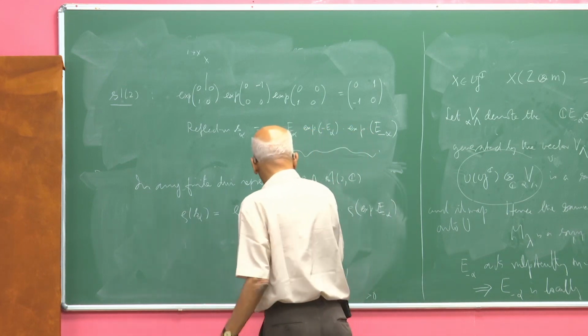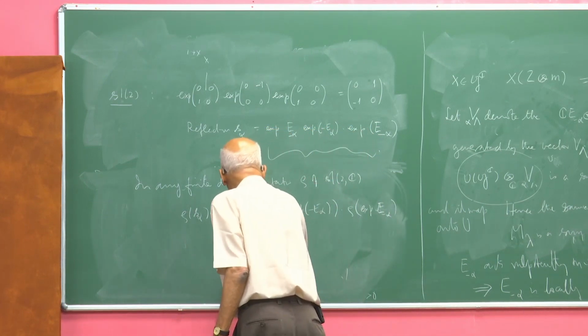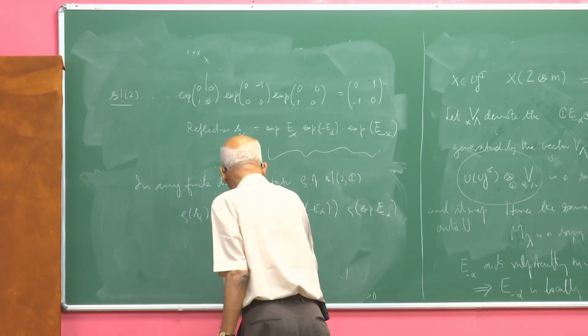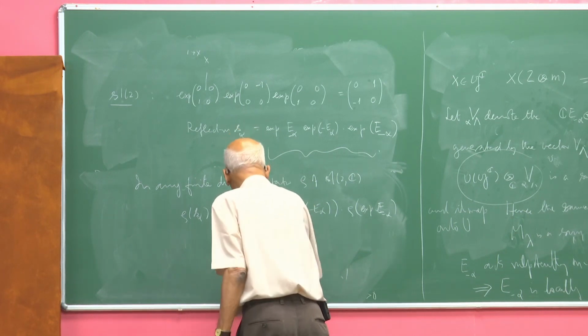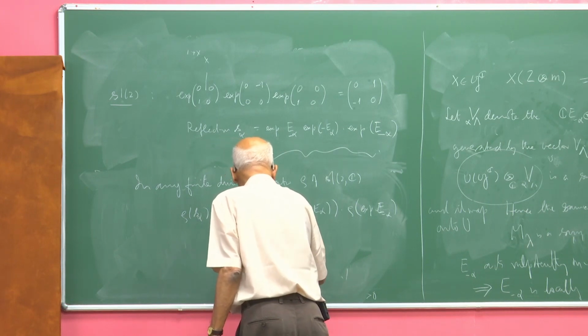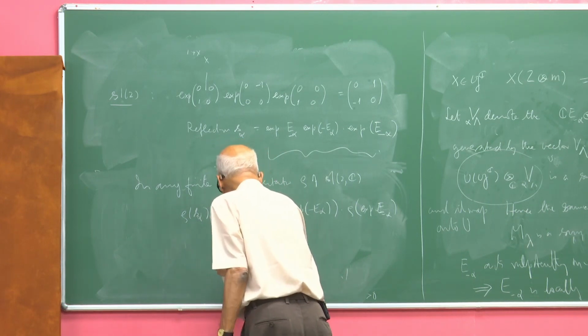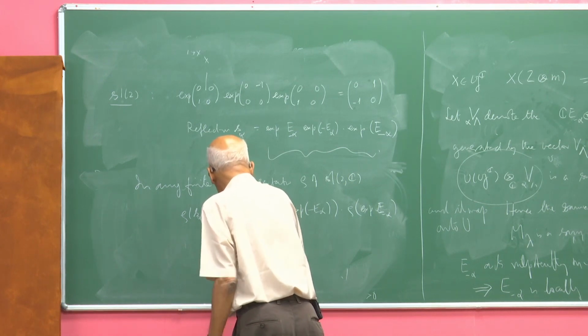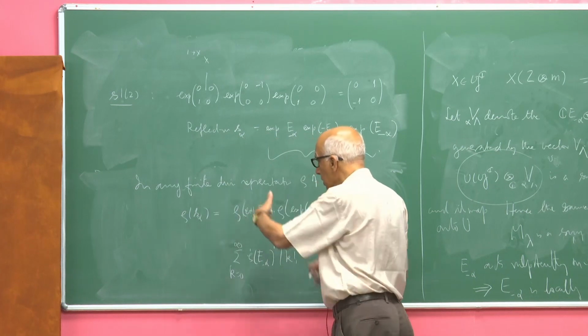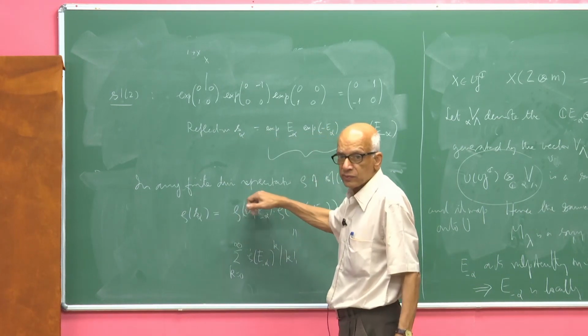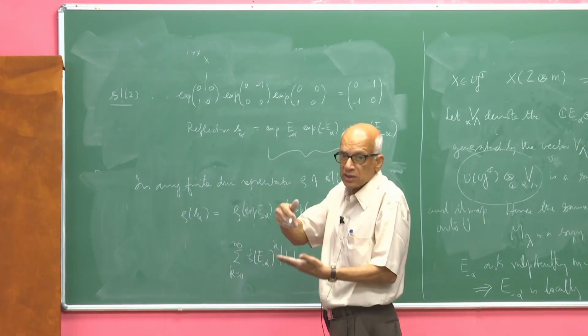But notice that each of these is nothing but rho dot, the corresponding representation of the Lie algebra, E minus alpha to the k by k factorial. It is a finite sum, but I will write k equals 0 to infinity because I do not know what dimensional representation I am looking at. So the dimension can vary.